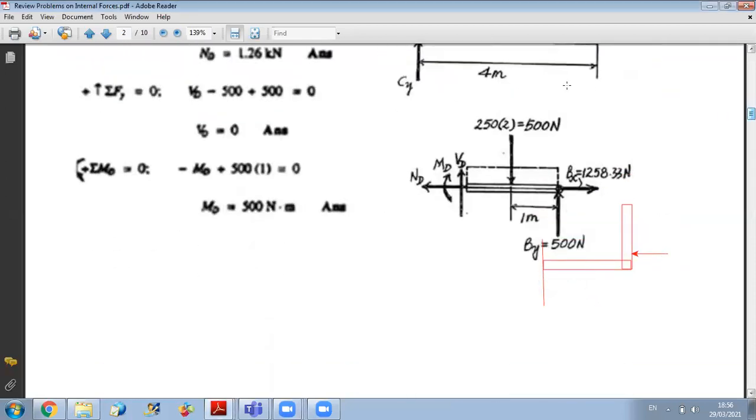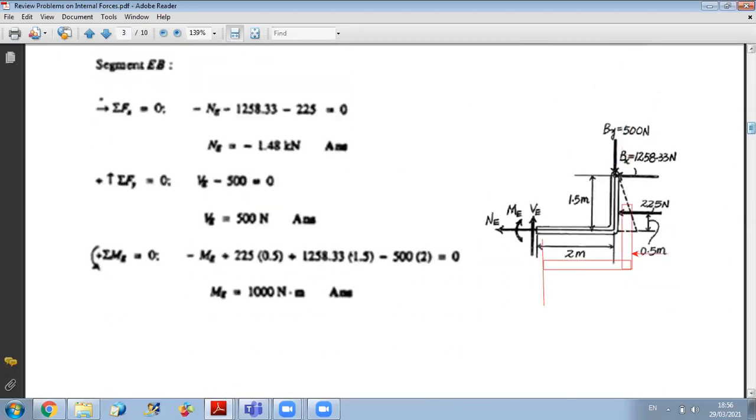If I take part BE, this is the free body diagram of it. I have By and Bx already calculated. I have the equivalent of the triangular load, and I should calculate VE, ME, and NE. To get these three unknowns, I will write the three equilibrium equations.